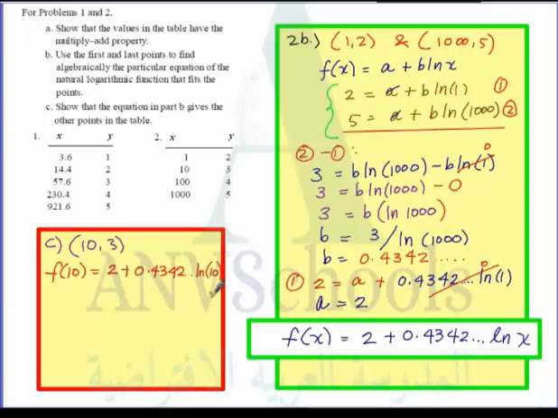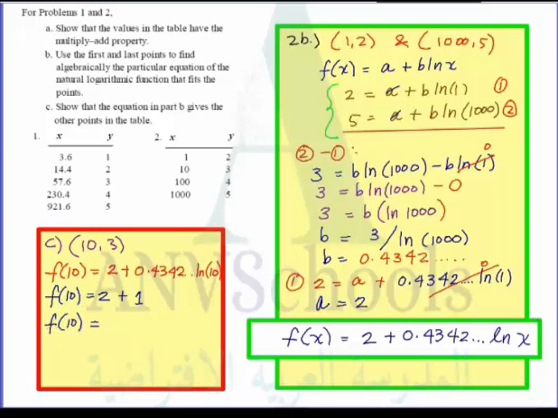So f of 10 is equal to 2 plus 1 times 0.4342, etc., which gives us actually a value of 3.